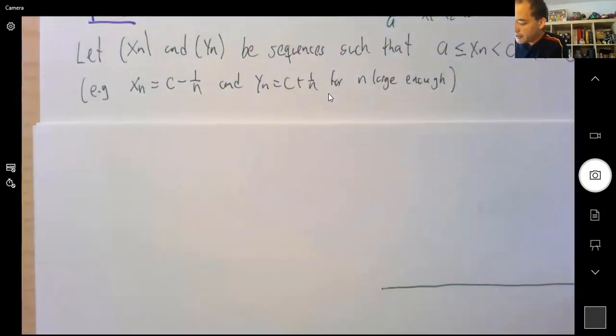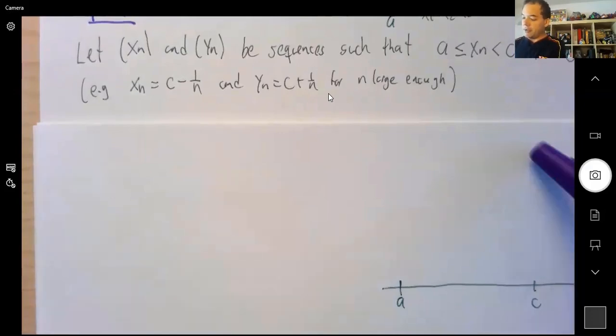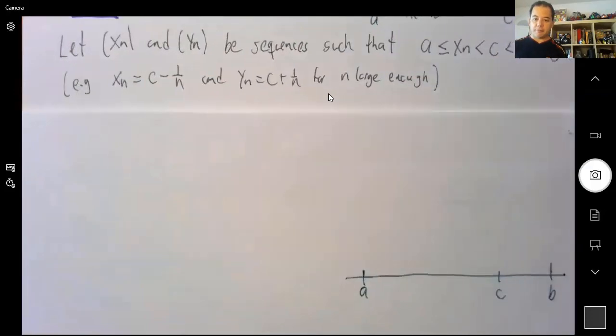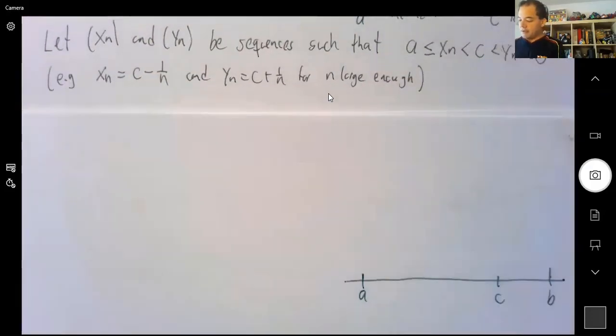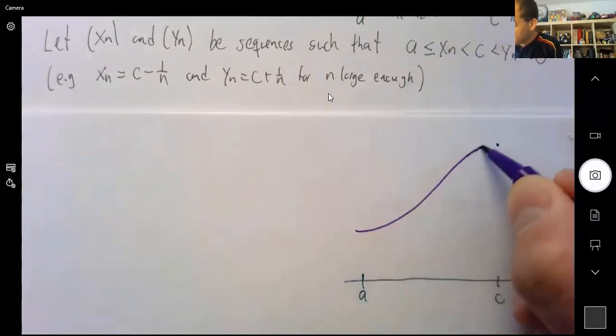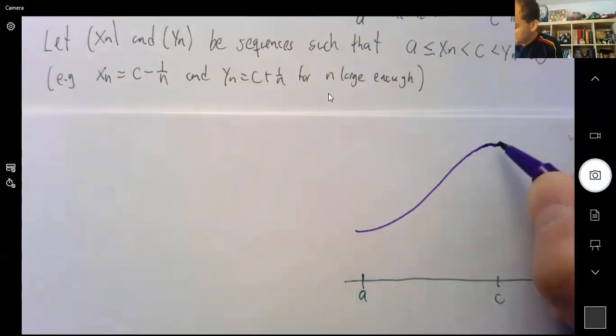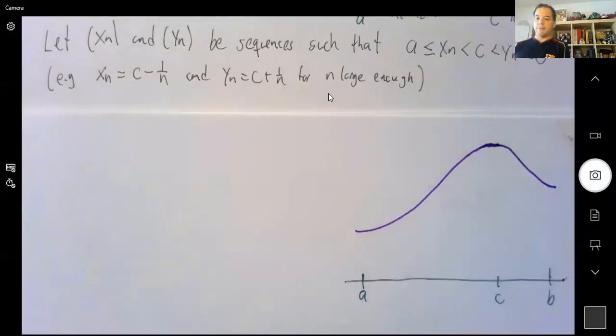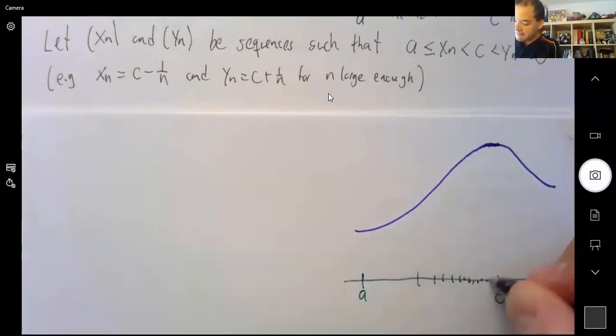Here's A, and here's B, and there's C. And we have some function. Let's first do the case where the maximum is at C. So we have some function, and that function achieves its maximum at f(C). Maybe something like this. And then we have our sequences, the x's and the y's.